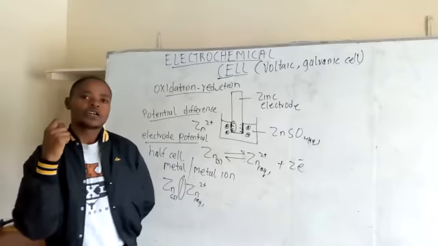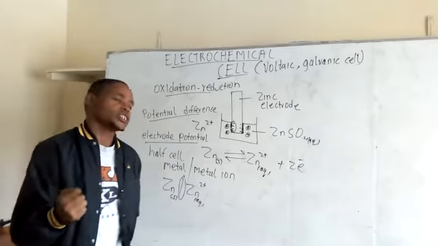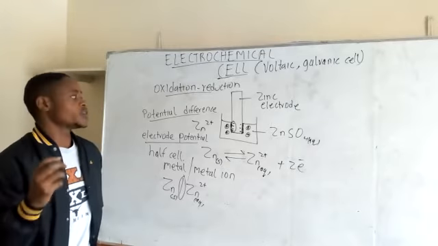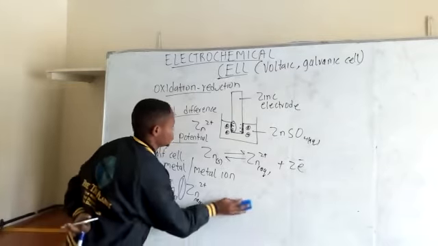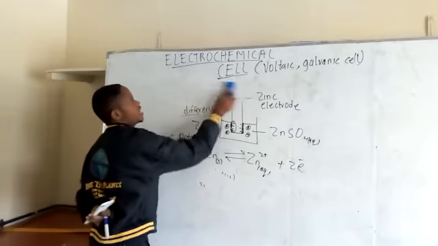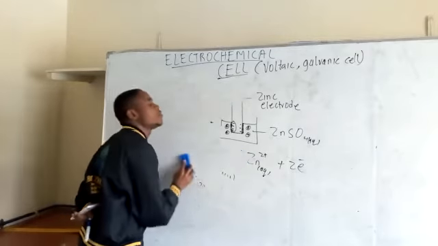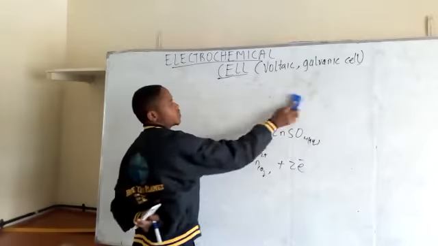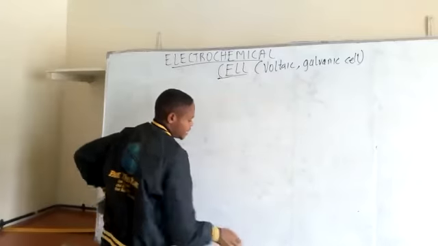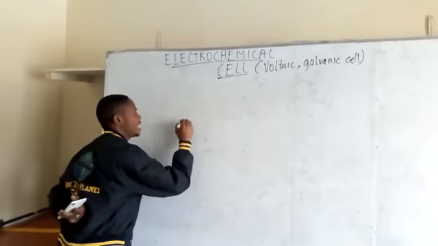If we want to measure the electrode potential, then we must have two half cells. We must connect two half cells, and then from there we can measure the electrode potential difference of the two half cells.